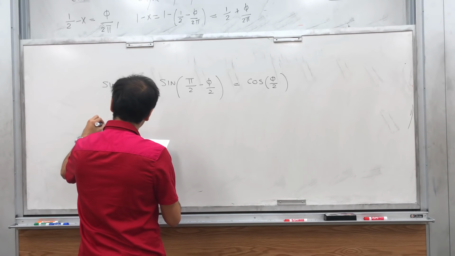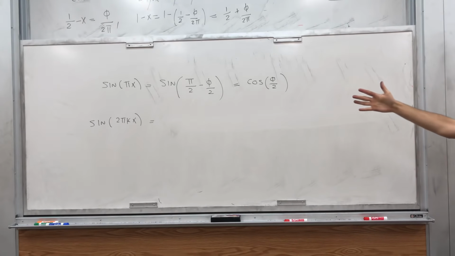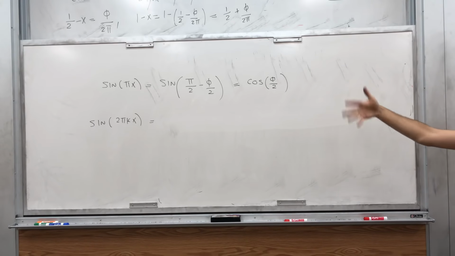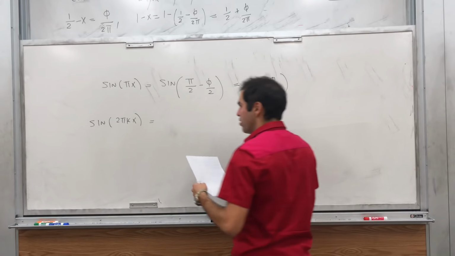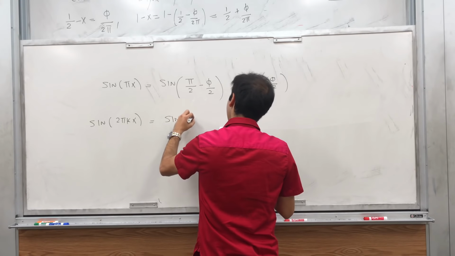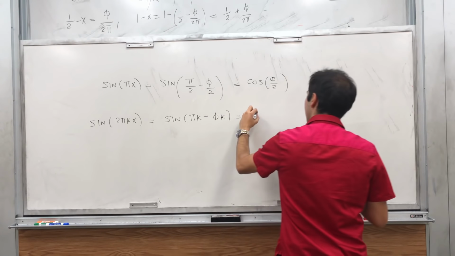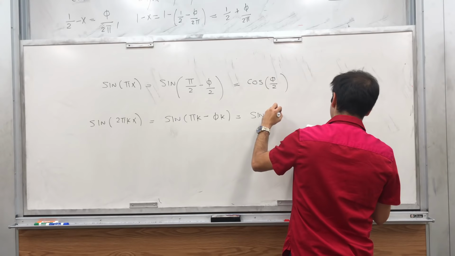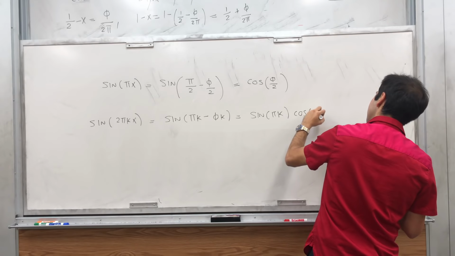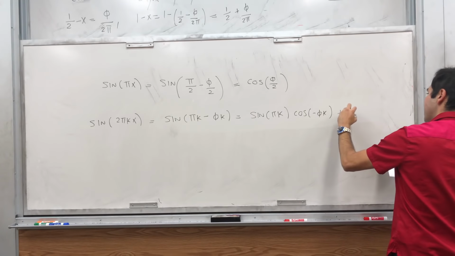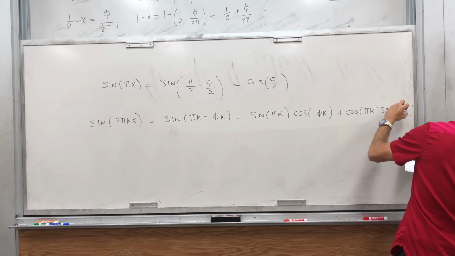And lastly, what about the sine of 2 pi kx? Now, how did we choose x? Precisely such that 2 pi kx equals pi k minus phi k, and that becomes sine of pi k cosine of minus phi k plus cosine pi k sine of minus phi k.